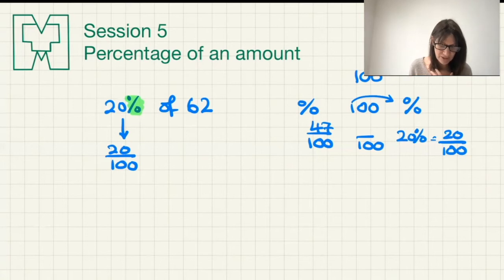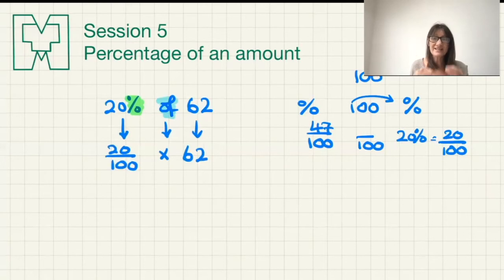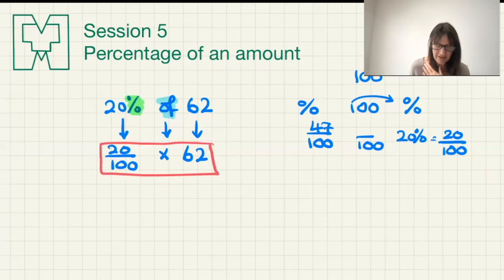As I move along the question, the next thing I see is the word of. Well, we know what of means. Of means times. So I'm rewriting the question. I need to drop the 62 to join it. Now, this is the magic. If you know to write 20% as 20 over 100, and you rewrite the question like that, you have just got 1 mark.